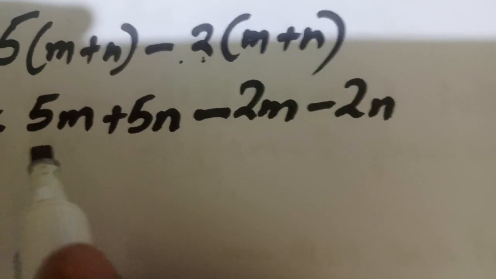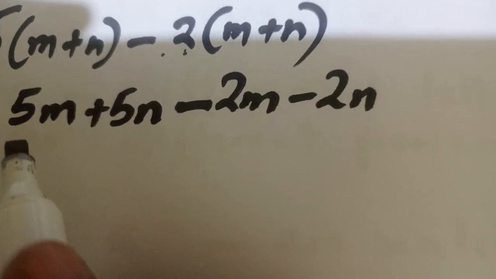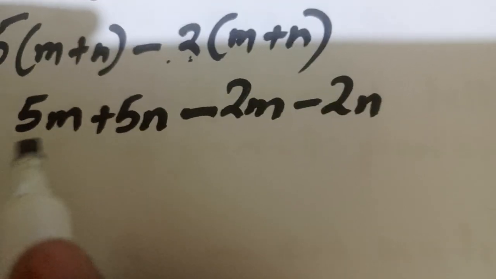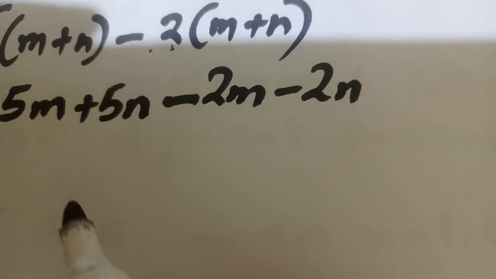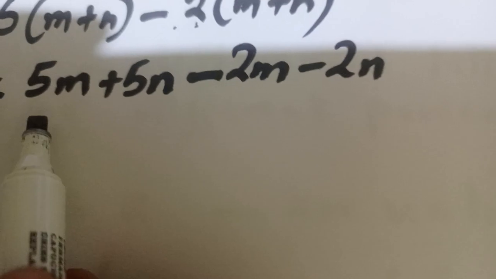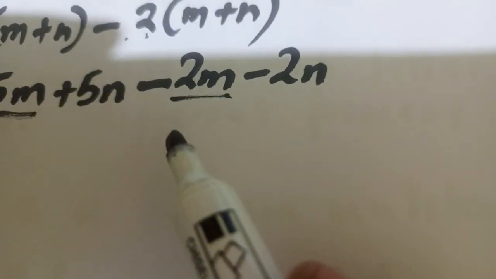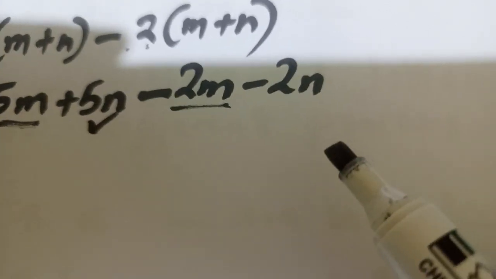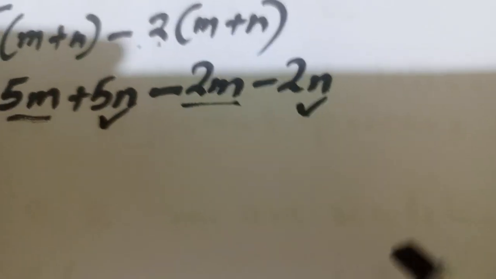So here we have removed the brackets, but it's always advisable before you wind up, if you have an algebraic expression that has 2 or 3 or more terms like we do here, you need to find out whether they are like terms so that you can simplify it even further. So in this case, I can see I have 5m and I also have minus 2m. Those are like terms. We have 5n and minus 2n. These are another set of like terms.